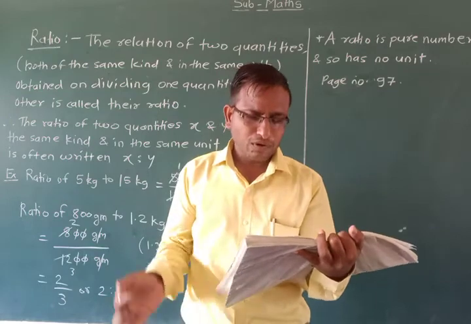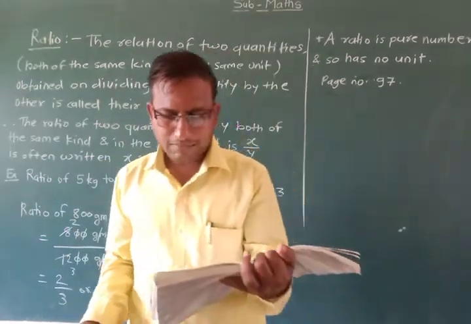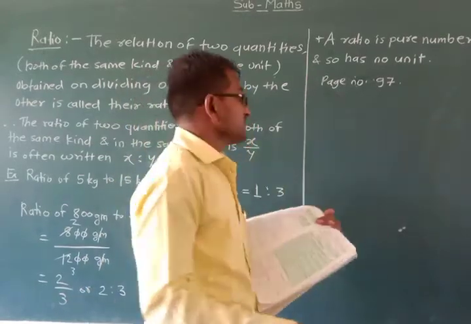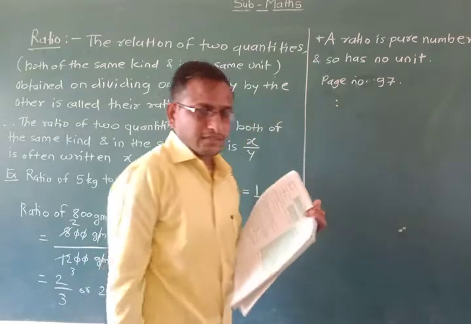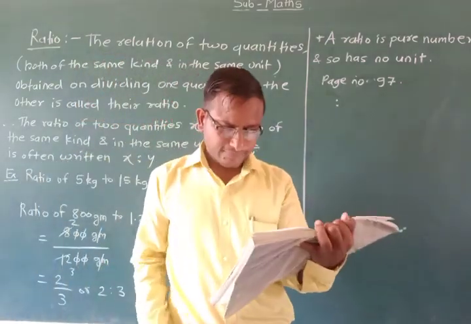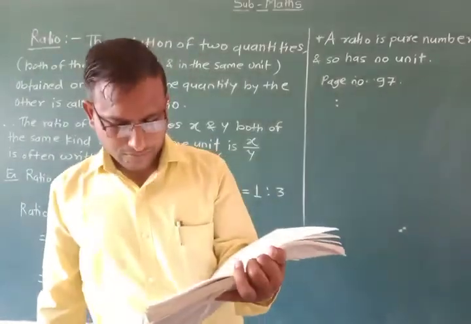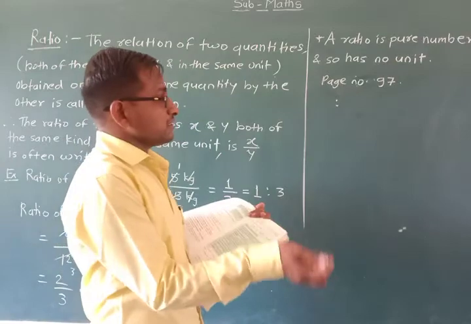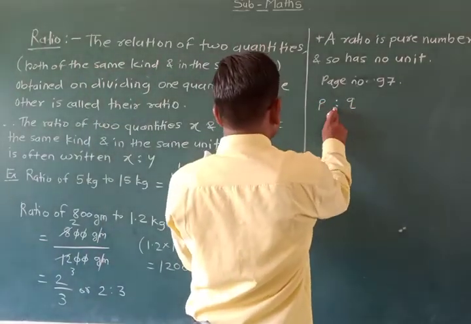The ratio of two quantities or numbers is denoted by the colon mark. This symbol is a colon mark. These two dots are read as a colon. Thus the ratio of two quantities P and Q is equal to P is to Q. P is to Q. And this is the colon.